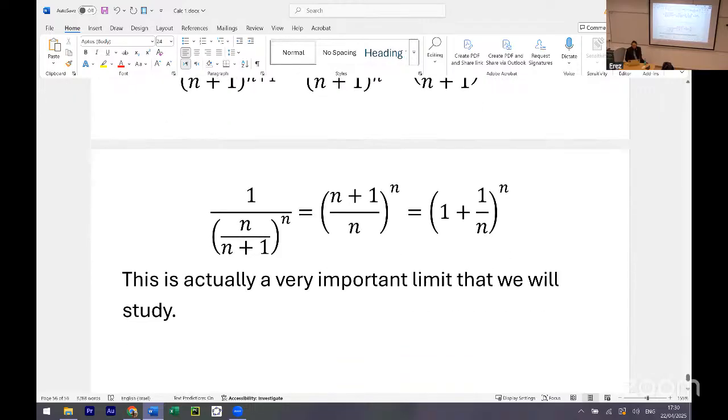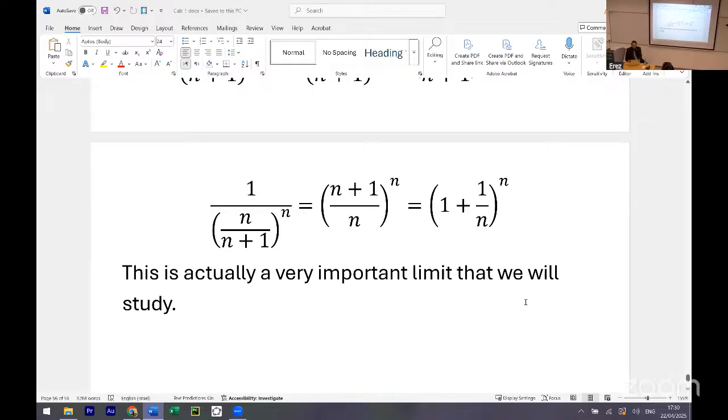I'm sure you're right, but also can't we just say that n plus 1 to the n is at least n to the n? What do you think the answer is, first of all?